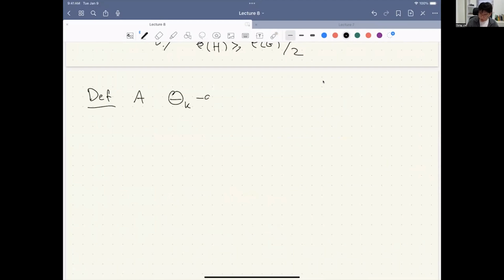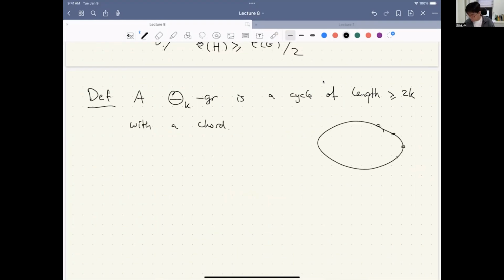A theta-k graph is a graph which is a cycle of length at least 2k with a chord. Just look like you have a cycle of length at least 2k, and there is some chord. Let me use a different color. At least one chord. You could have more. That's still a theta-k graph.